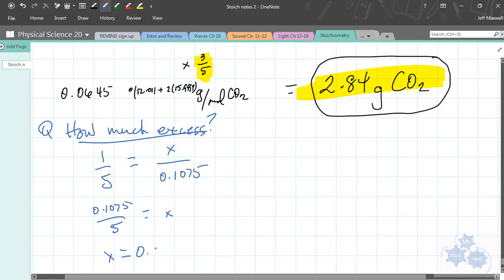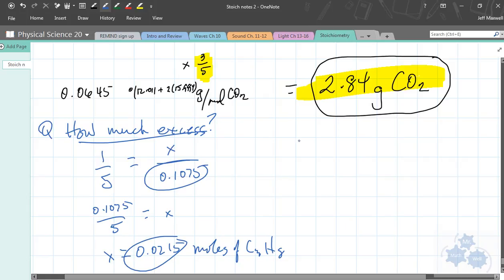So x is 0.0215. And now that's going to be the moles of C3H8 that are actually going to get used, right? Because it's a 1 to 5 ratio. You see that? So in this question, how much excess reagent remains?